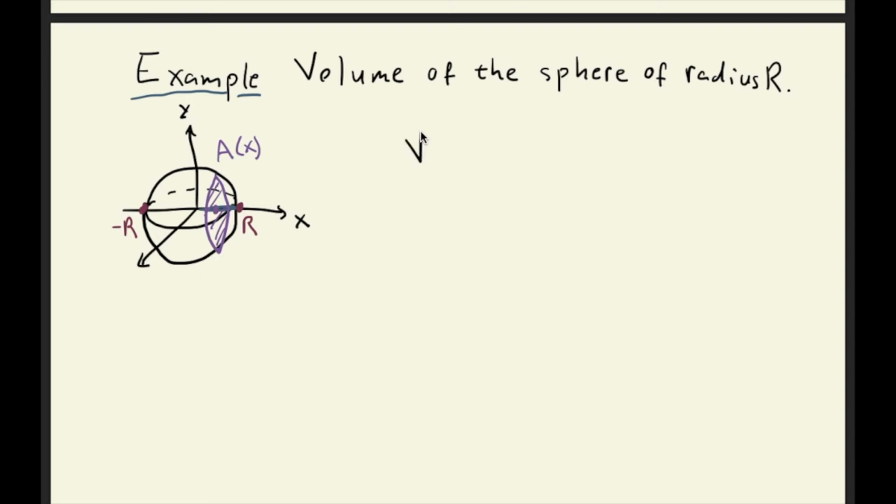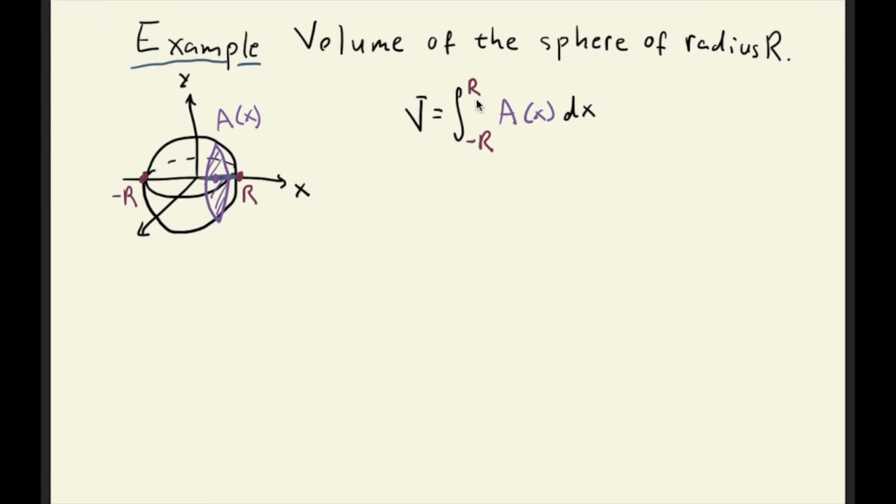So the volume V is going to be the integral from negative r to r of the area of the cross section dx. This is like the infinitesimal volume of one of these cylinders. All right, so negative r to r, we're good. We just need to figure out what this area is.